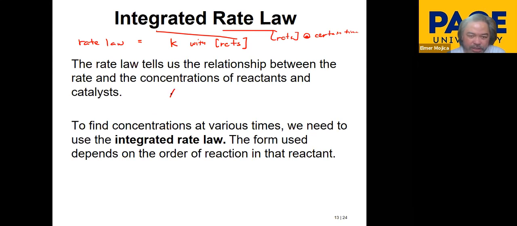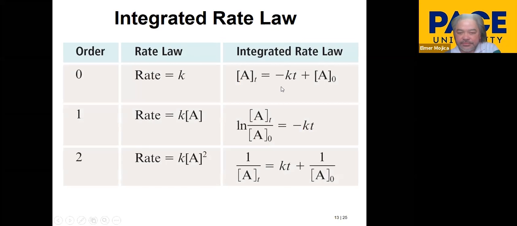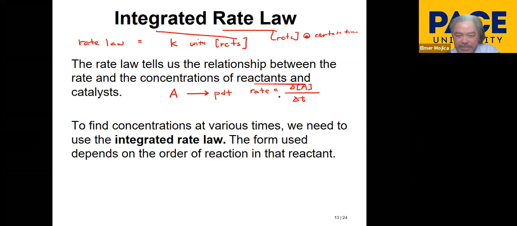So remember, we have a reactant, and it's going to produce a product. If we write the reaction rate of that, this is equal to the change in the concentration of A over delta t, and this is negative, right?